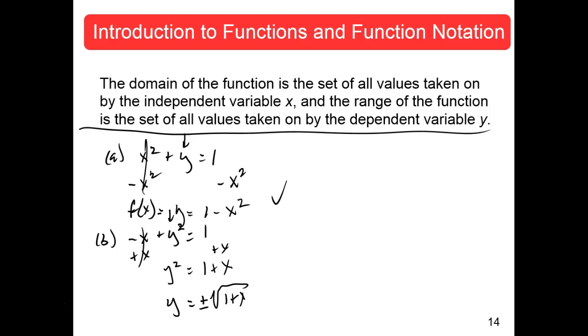if this were a positive value, whatever that is, 1 plus x, say that x is 3, so 1 plus 3 would be 4, and the square root of 4 would be 2, so y would be 2.